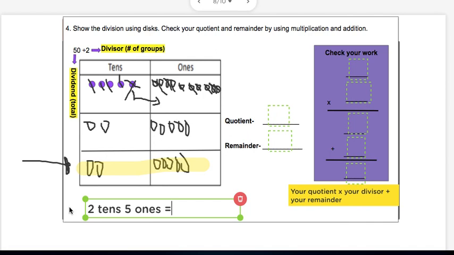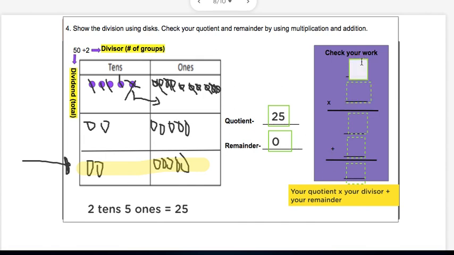Now let's think about this. I have 2 $10 bills and 5 $1 bills. How much money is that? Good job. 25. So my quotient is 25. And how many do I have left over? Good job. I have 0 left over.